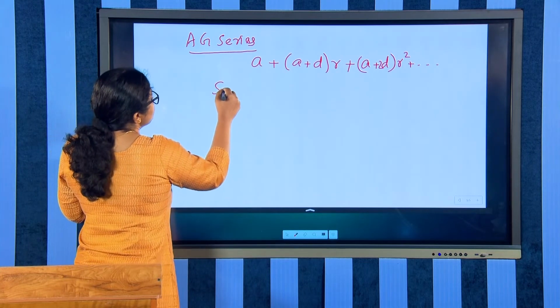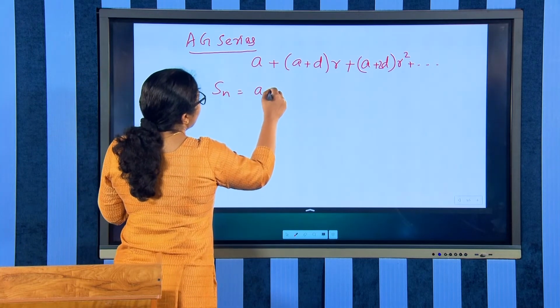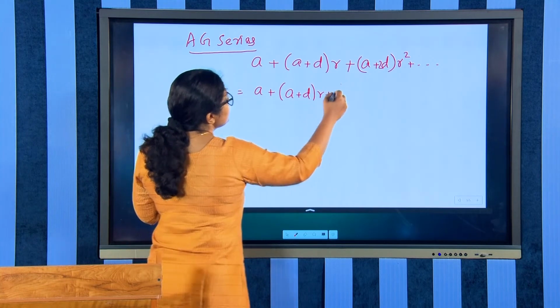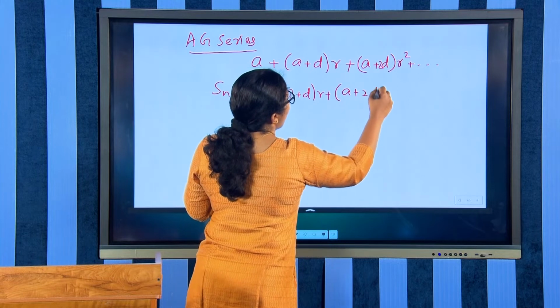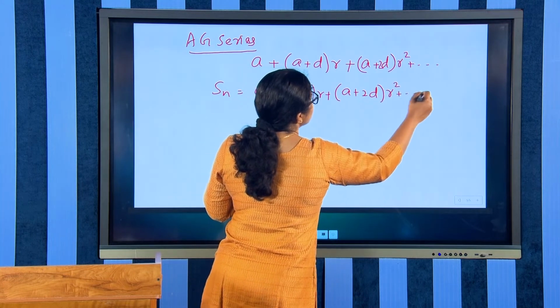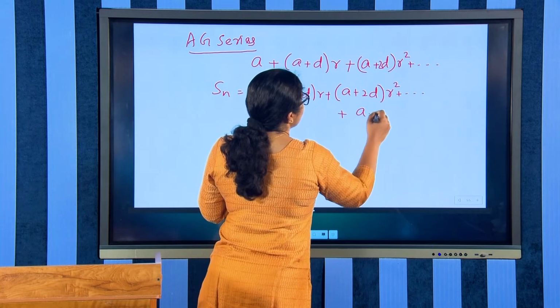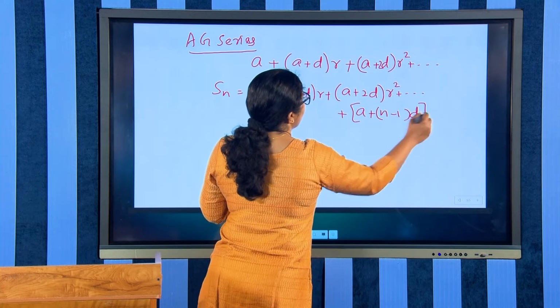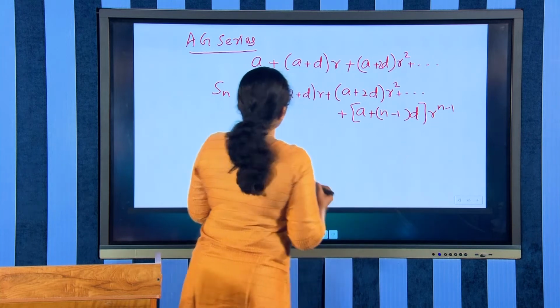So Sn is equal to A plus (A plus D) times R plus (A plus 2D) R square plus etc. The last term, the nth term, will be (A plus (n minus 1) times D) R power n minus 1.